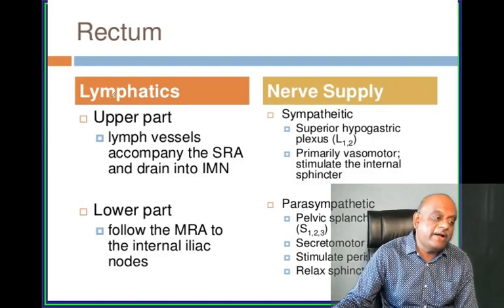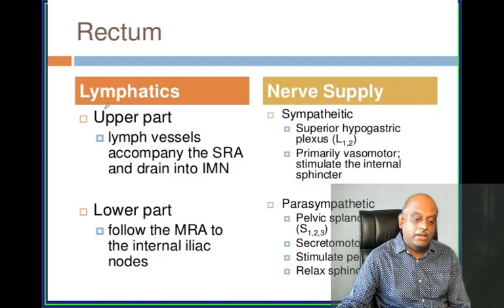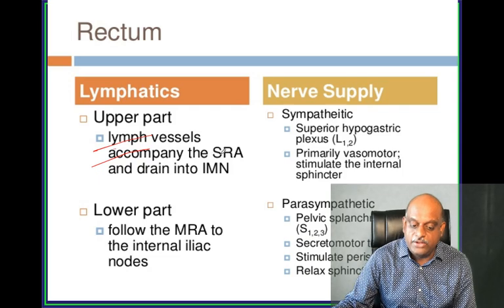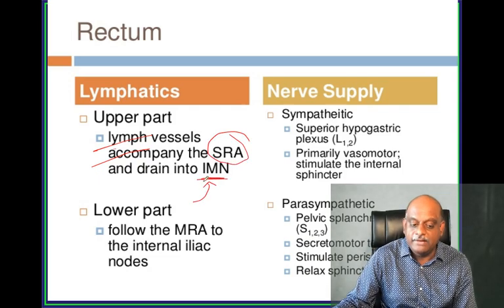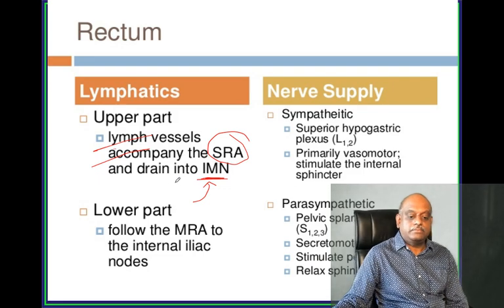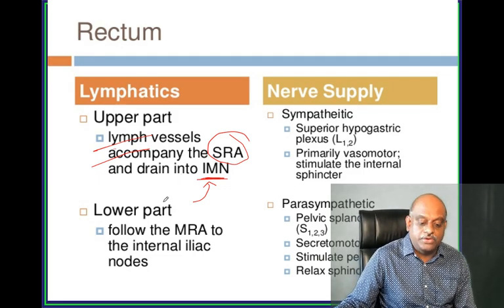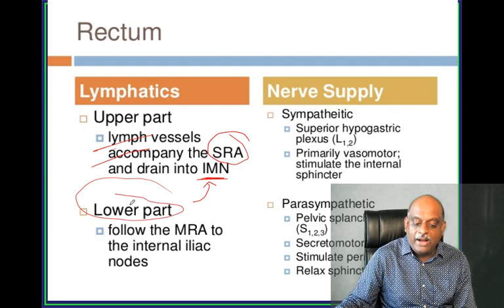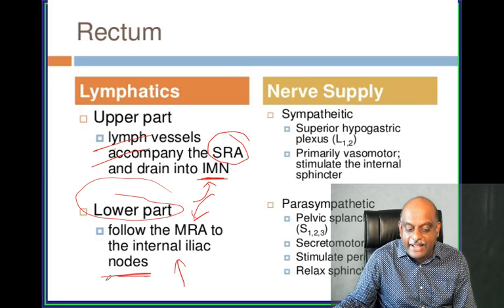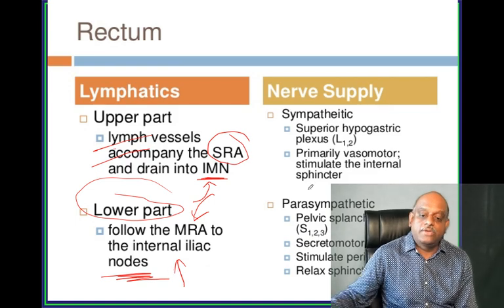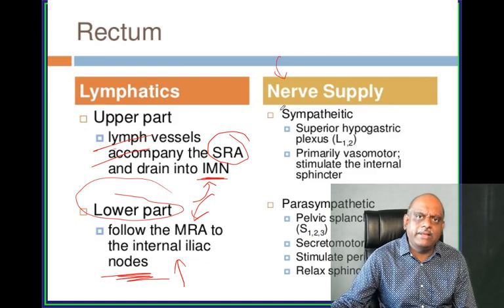So, how are the lymphatics of the rectum, doctor? The lymph vessels accompany the superior rectal artery and drain into inferior mesenteric nodes. And the lower part follow the middle rectal artery and they go to the internal iliac group of lymph nodes. Similarly, what is the nerve supply? Autonomic nerve supply.